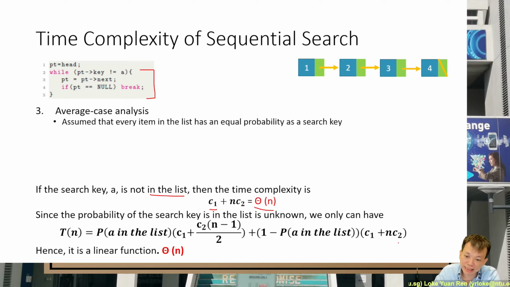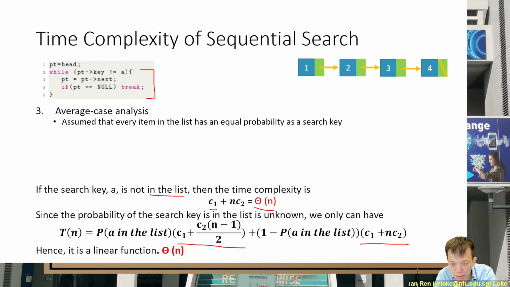If the search key is in the list, then on average I need to take big theta n. If the search key is not in the list, I also need to take big theta n.